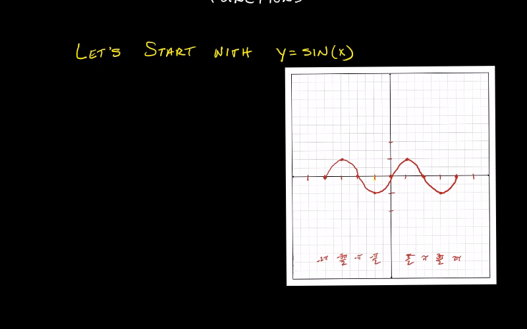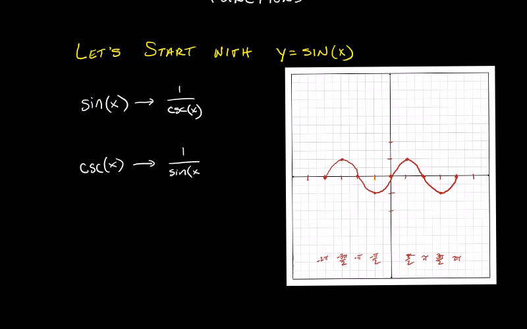So we know that sine of x is related to cosecant because it is 1 over cosecant of x. Or you could think of it as cosecant of x is 1 over sine of x.